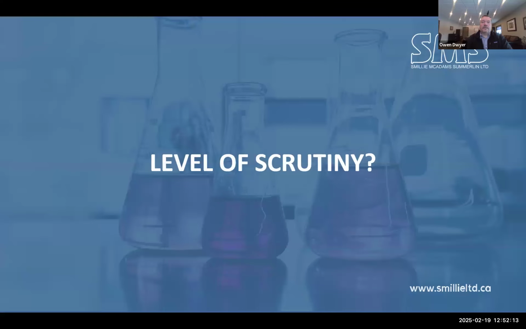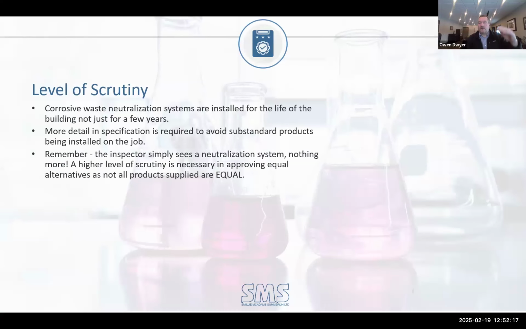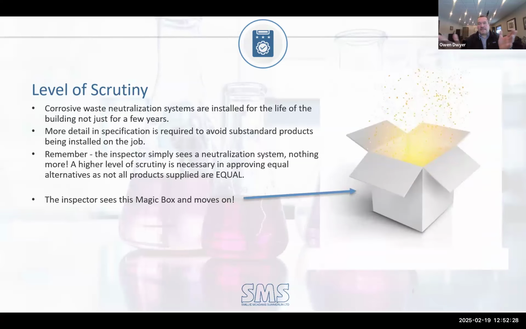Level of scrutiny. If you specify a neutralization system and you've gone through fixture units and you're sizing a system, the inspector will only see this magic box. They don't know if it was sized properly, if the contractor has followed the spec, if it's right.